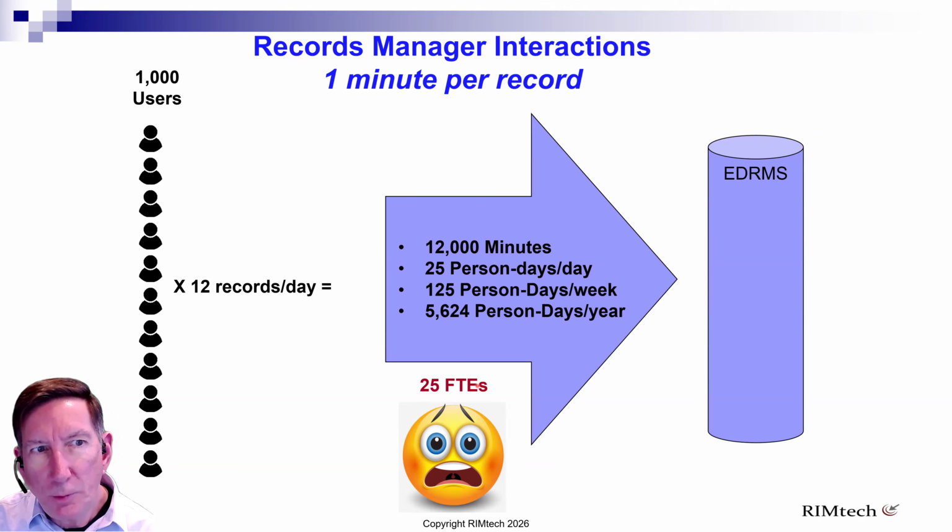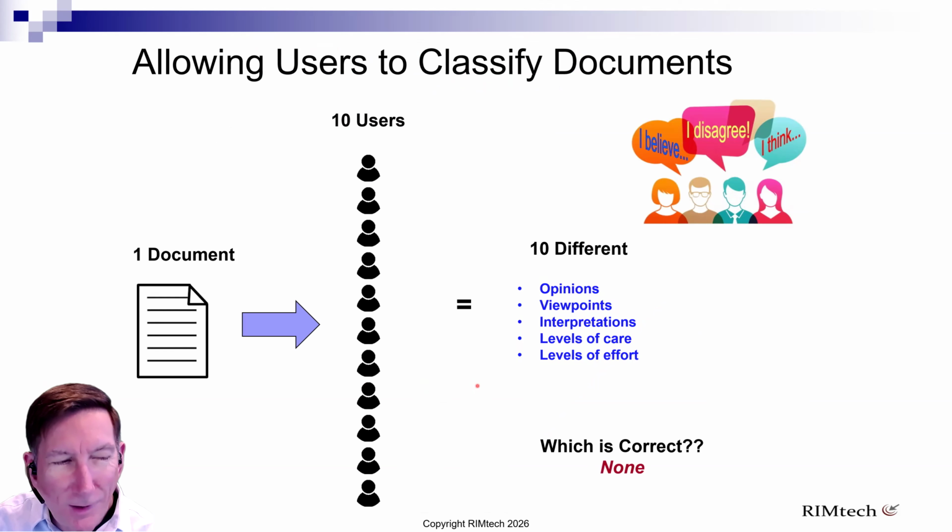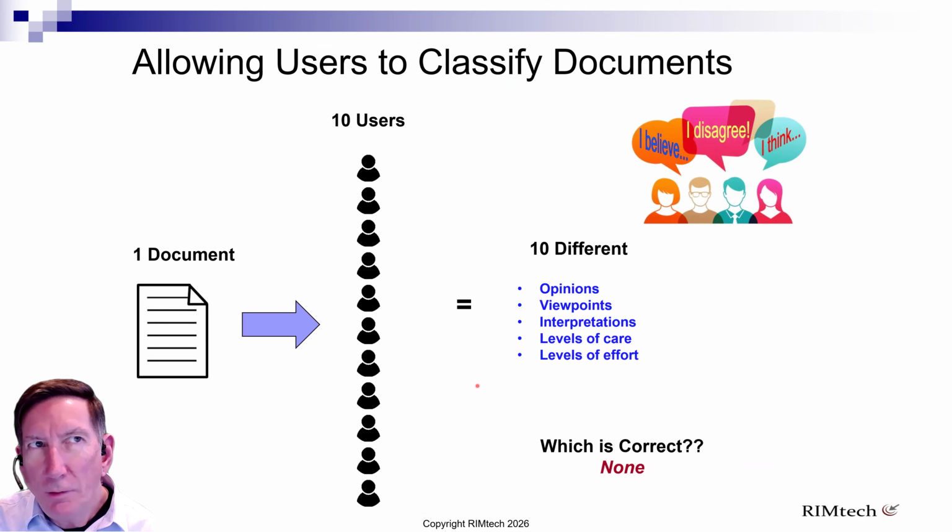It would take 25 days of work for the records manager to touch those 12,000 records. So the conclusion here is forget about it. It's just not going to happen. Reality check: in this day and age, records managers cannot touch, interfere with, or get involved with the flow of records because the flow is too big and too fast.